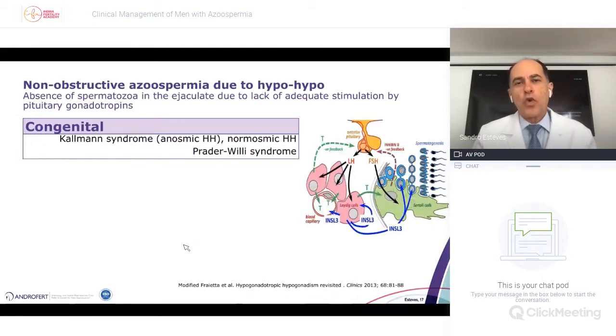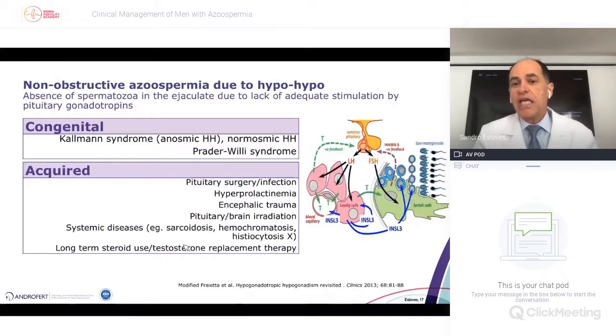So the pituitary will not get the proper stimulation to secrete the gonadotropins. We have also acquired conditions related to hypo-hypo. For instance, any surgery in the pituitary, a prolactinoma for instance, an infection, encephalic trauma, brain irradiation, or pituitary irradiation. Even systemic diseases could cause acquired hypo-hypo.